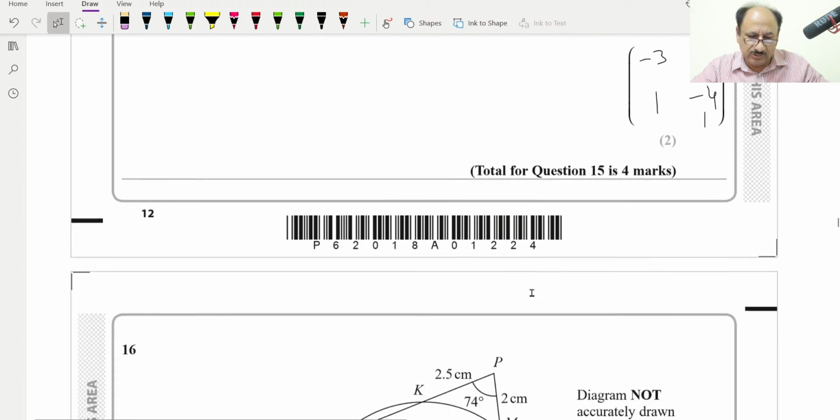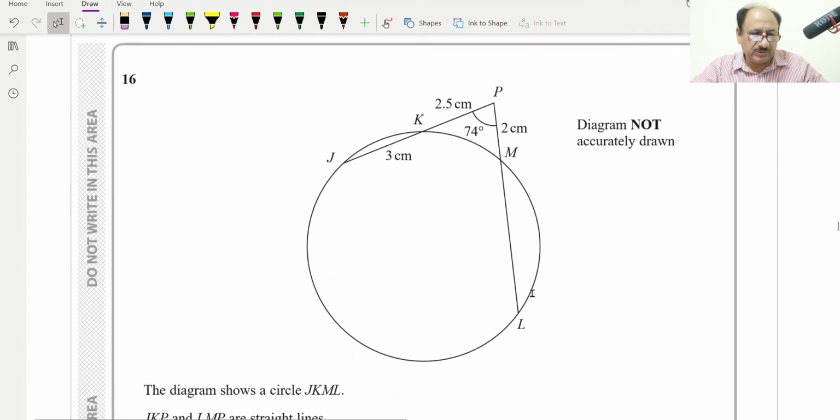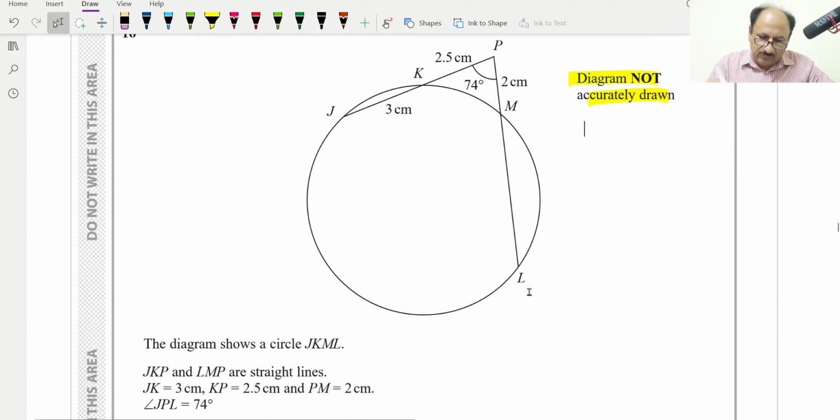This is a 2-mark question which is straightforward. We're done easily. Now question number 16. This is again a diagram which is not accurately drawn. Measurements are provided, and they're saying the diagram shows a circle JKML, and JKP and LMP are straight lines.